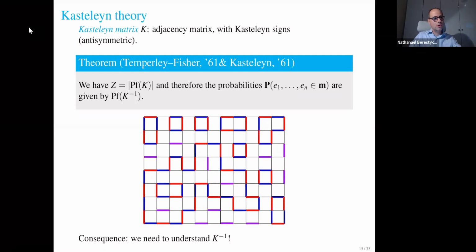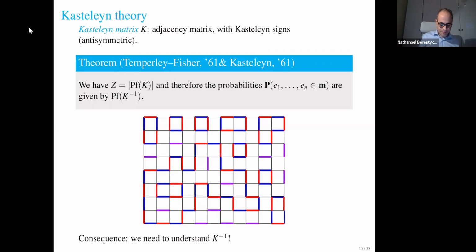Think in terms of determinant rather than Pfaffian. It's essentially the same thing. It's essentially the way you compute the inverse of a matrix using determinants of the co-matrix. This is, I think, Cramer's rule from linear algebra, except of course, to make the link with linear algebra, it requires recognizing that this is what it is. It takes a bit of thought, but this is really what it boils down to.